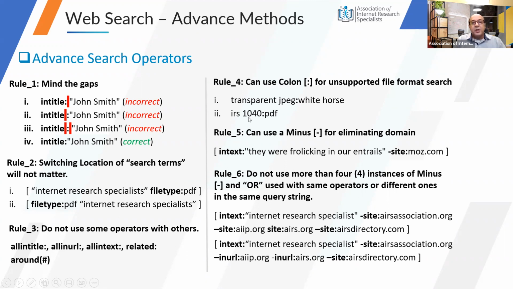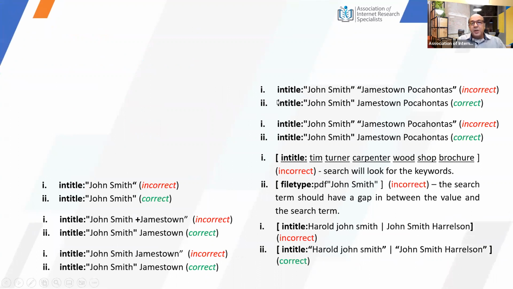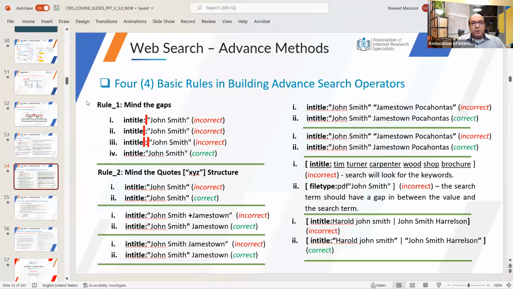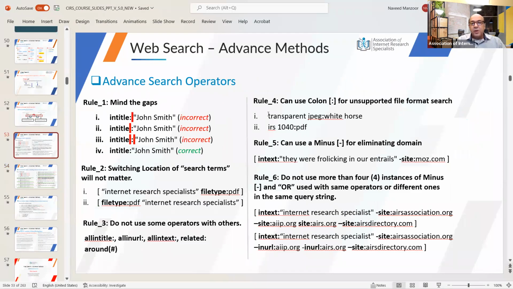Same way, if you want to discover the forms IRS 1040 with the PDF format, you can replace the filetype by just writing IRS or the term itself, followed by the PDF. Why transparent? Basically, it's just an example telling you that we are looking for a transparent image.